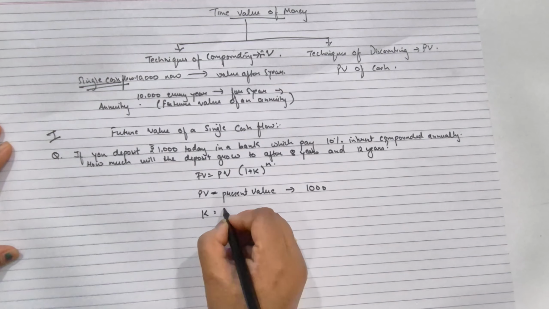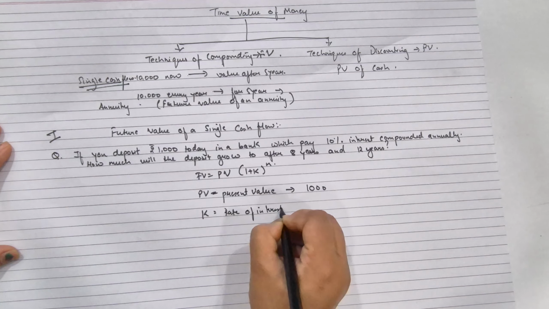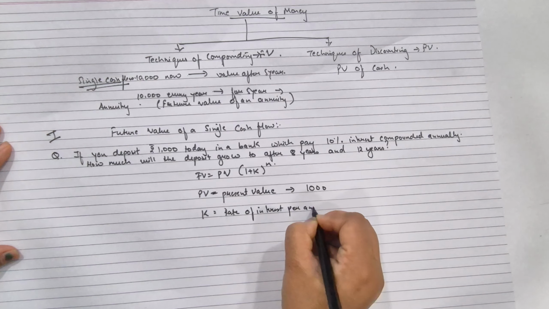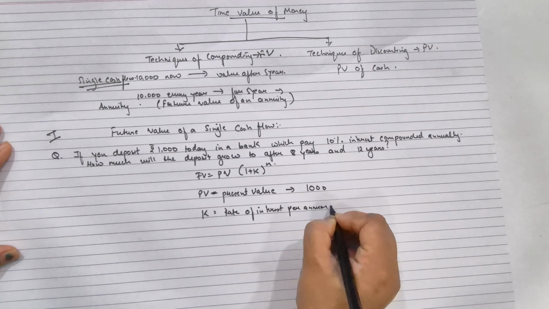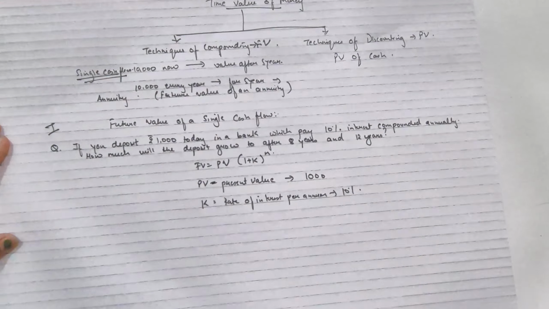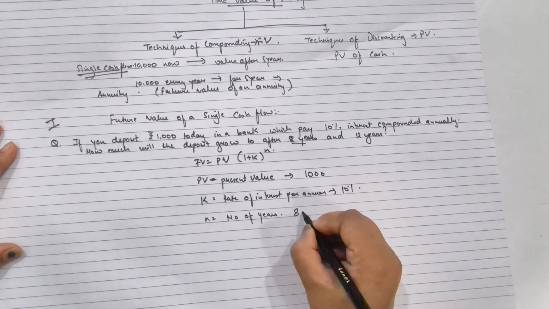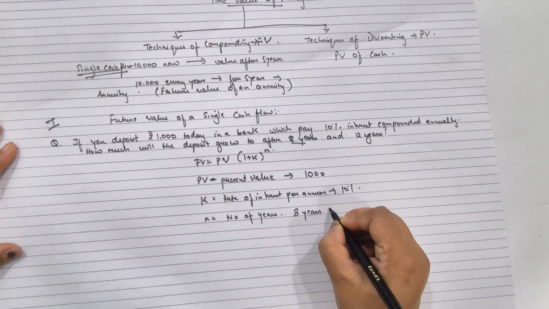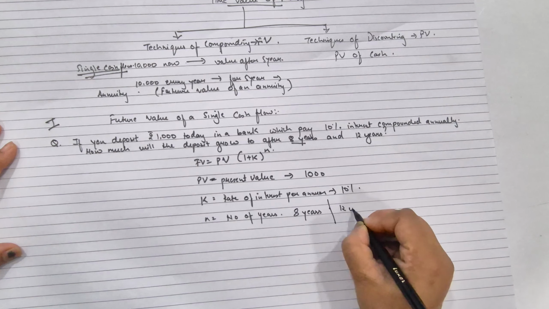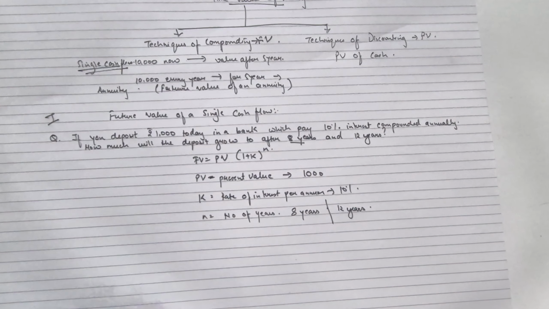K is your rate of interest per annum, which is 10% in the given question, and n is your number of years. So we have to use this formula 2 times because the number of years is 8 years and 12 years, students.